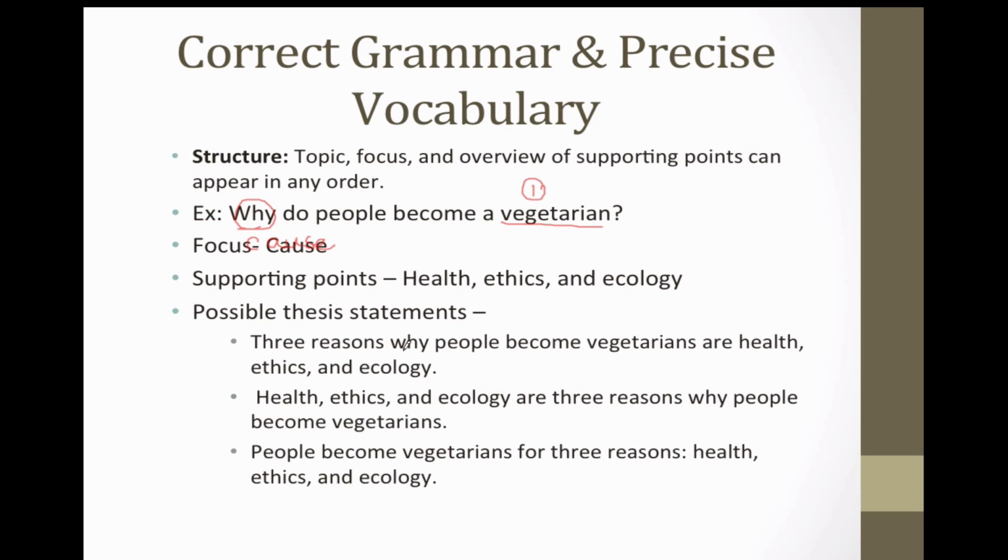And then in the third one, I have my focus and topic before my supporting points. So 3 examples to show you that you have liberty with how you organize the information in your thesis statement. The main thing to remember is you need to be able to point out your topic, your focus, and your supporting points.